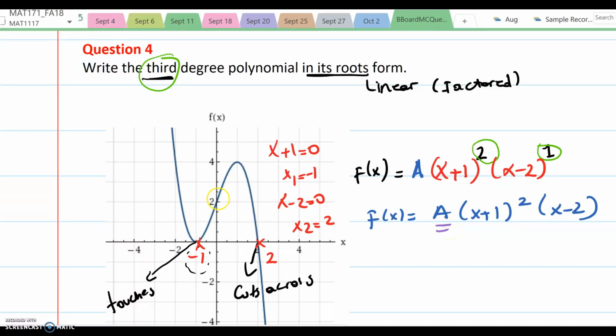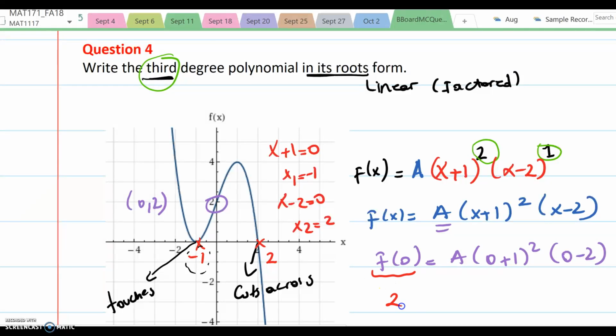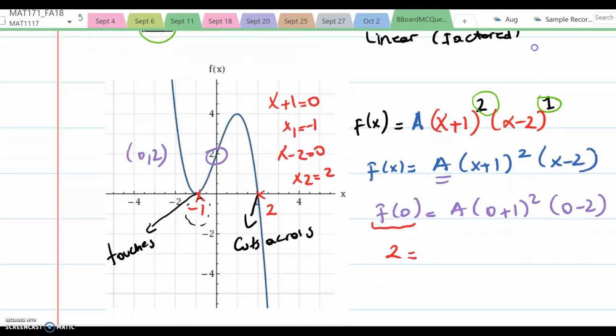For that a, I will be using this point, which is actually (0, 2). Now I'm going to plug in 0 for x, keep a: a(0 + 1)^2(0 - 2), and f(0) is equal to 2. So I'm going to replace it with 2.